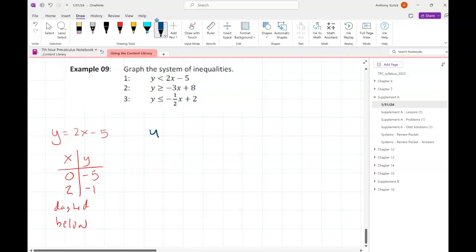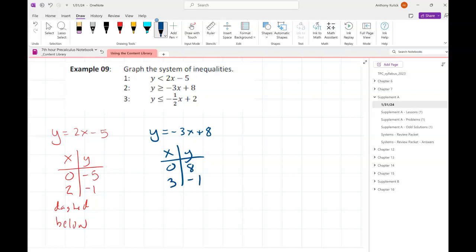Is it okay that I'm kind of speeding through some of these now? So same idea here. We'll do 0, 8, and maybe 3, negative 1. This is solid and above.